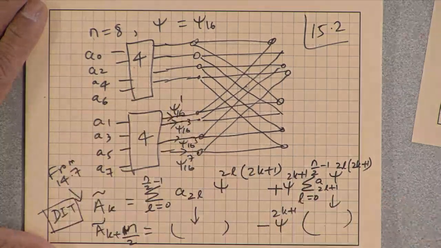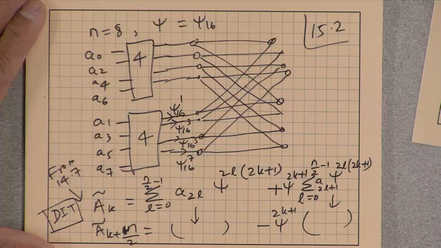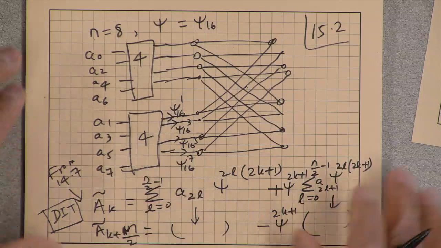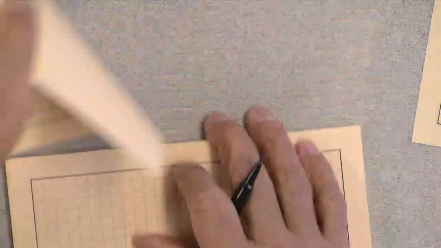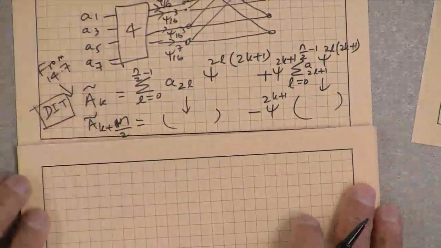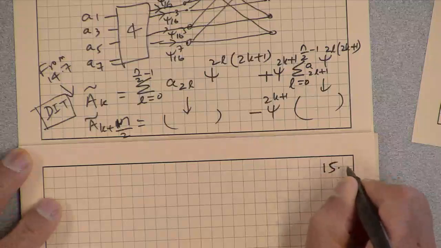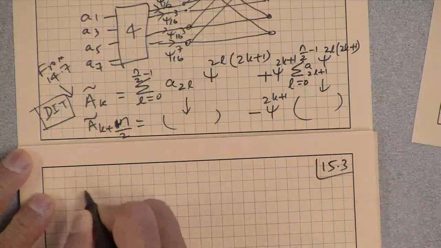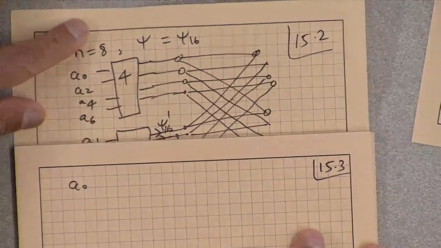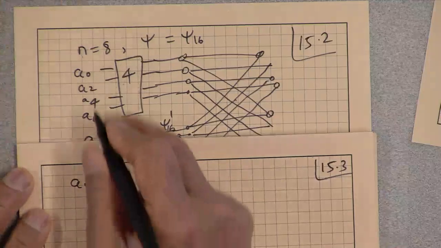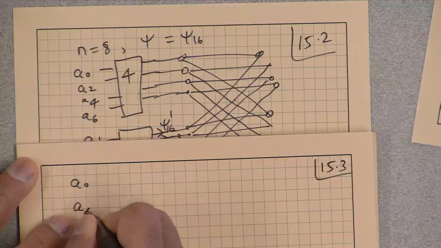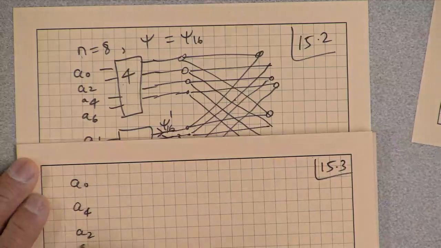And what is inside these 4 point structures? That's really these equations. If you think about what is inside the 4 point structures, that would be A0. Take the even of the even, A0, A4, and then A2, A6.